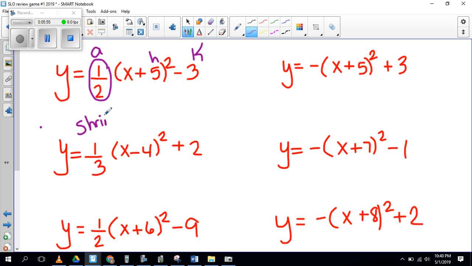But if it's less than 1, it's going to shrink. And then also, this one is positive, so I know it's going to open up. So that's key. It's going to open up because it's positive. Then let's look at our H. It's +5. We change it to -5. And so it's going to go left 5. Okay? My K is -3. So it's going to go down 3.